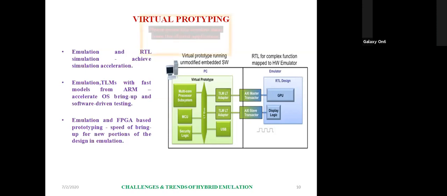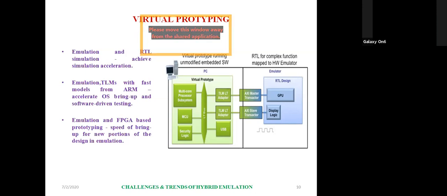That is a loosely timed bus. This adapter with your USB is connected to your emulator through an AXI master. The AXI high-speed buses, master and slave transactors, interact with the GPU unit of your design. So your design will be a GPU unit, GPU processor, anything that has a display, maybe a graphic processor.